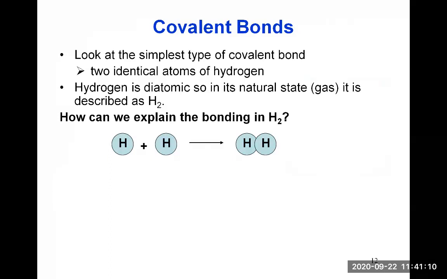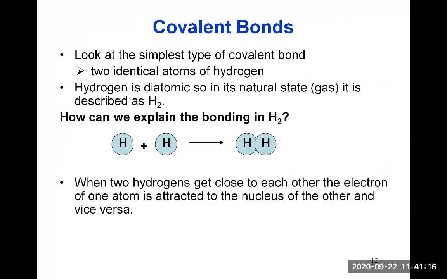Well, you've seen in the video in the previous recording how this is due to the fact that their respective energy gets smaller when they get together. So when two hydrogens get close to each other, the electron of one atom is attracted to the nucleus of the other and vice versa.